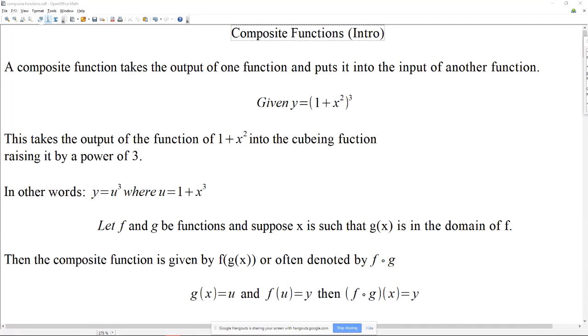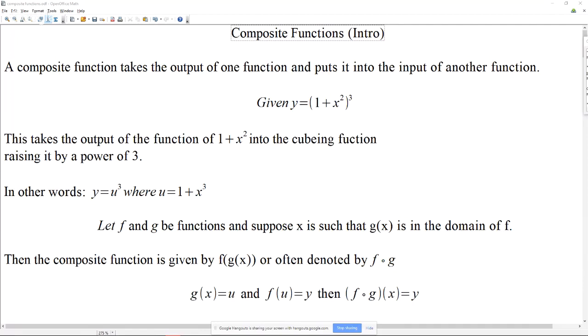What that means is that g of x can be put into the input of f. Think of domain as the input, range as the output. Domain is all the values of x where you can get an actual real y value out. We didn't go over domain and range; that's a whole different topic.